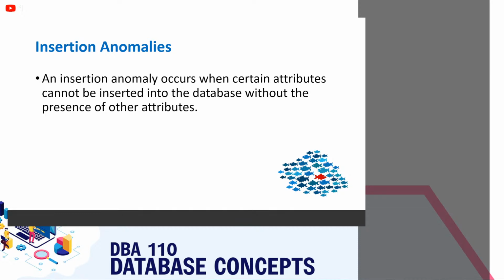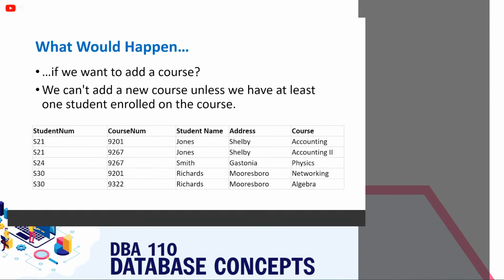Right, what if we only wanted to insert some data that existed in this table without inserting all the data that exists in this table, right? What if we want to add a course? What if we want to add a student without them registering for a course?